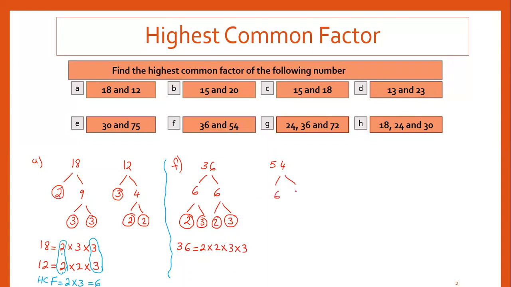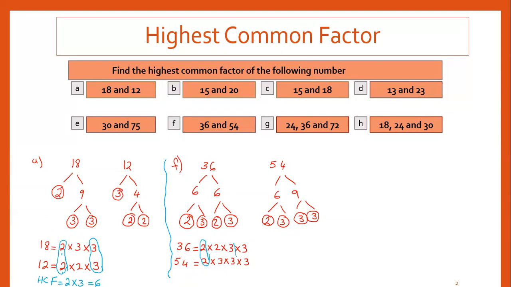54 is equal to 6 times 9, neither is prime. 6 again is 2 times 3, both are prime. And 9 is 3 times 3, both are prime. So I can tell that 54 is equal to 2 times 3 times 3 times 3. How do we find the highest common factor? Again, it's easy. I have 2 as a common factor.